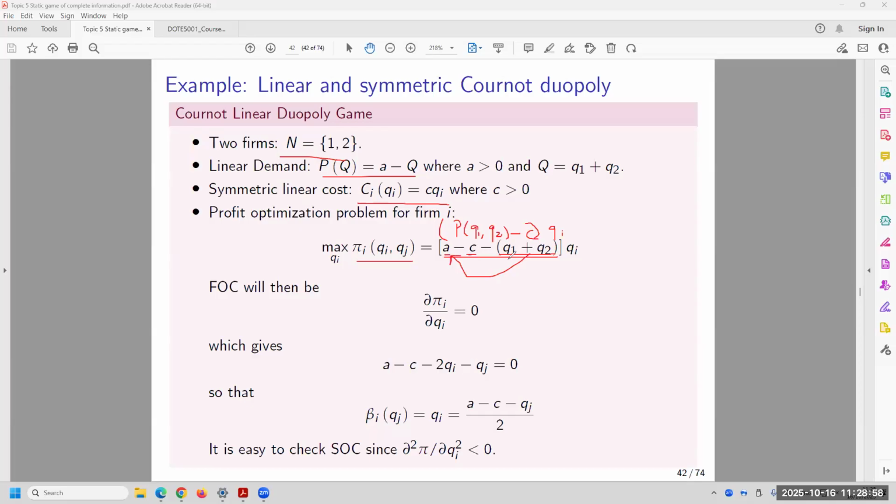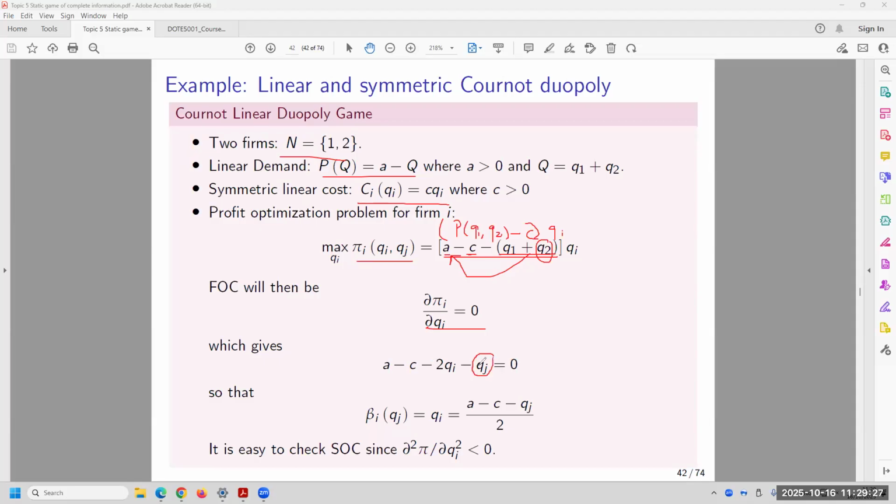And how do you solve it? Actually, you do the partial derivative, or you can do the total derivative, same thing. You differentiate this to zero because you are considering the other guy's quantity as constant. While you're doing that, you are finding the best response: given the other guy's strategy, what is the best for you? You take it as given, exogenous.